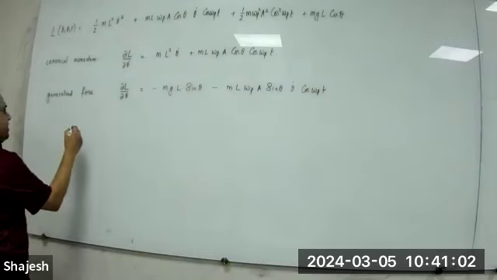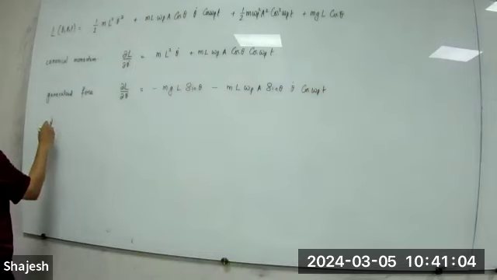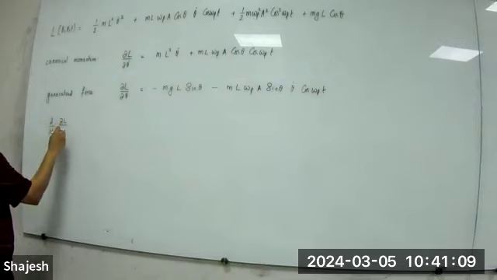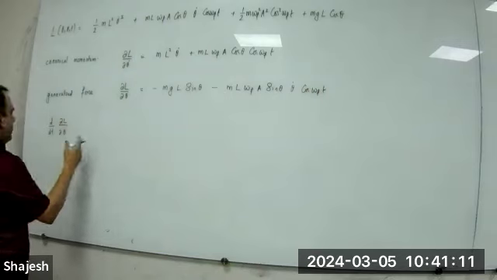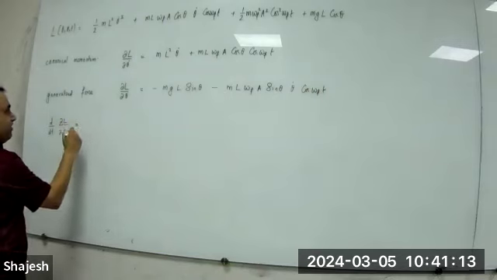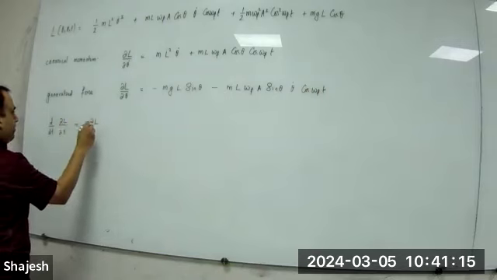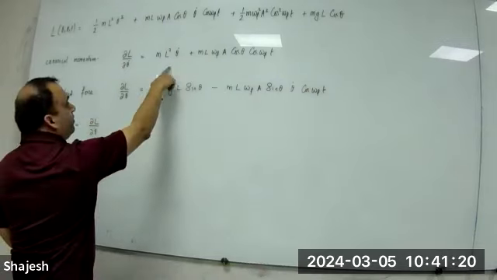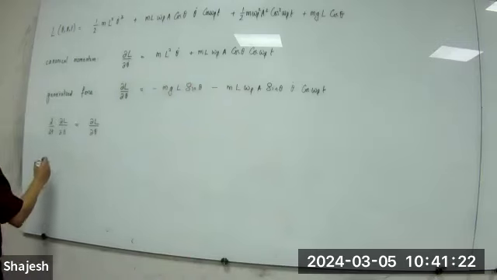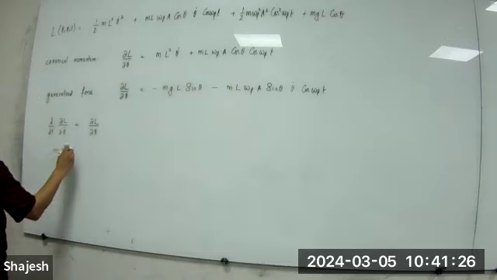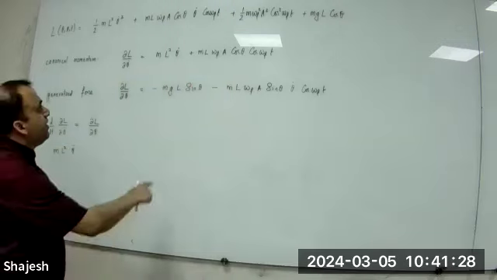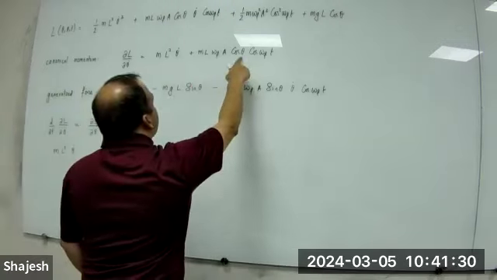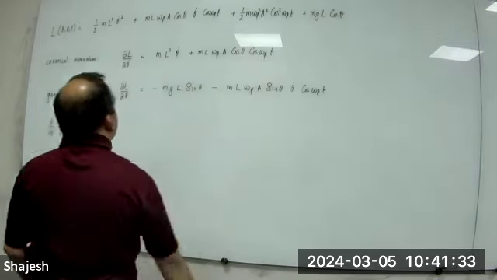For the Euler-Lagrange equation, I need the time derivative of dL by d theta dot. I'm going to do it in a single step, writing the time derivative here and equating it immediately. So it is m L squared theta double dot. Here I can take the time derivative with respect to theta or with respect to time, so there are two places.